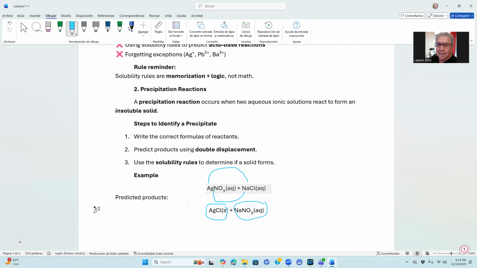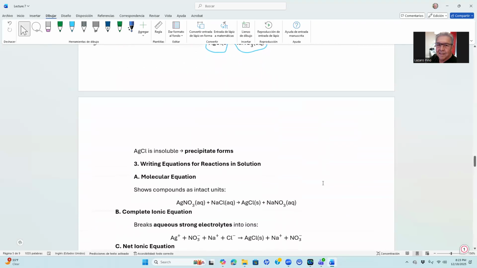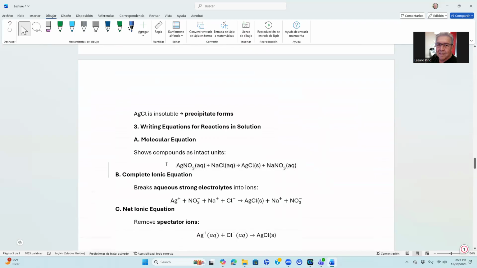So if there is a solid, you will have a net ionic equation. Then first you have to write the complete reaction, predicting the products, and writing, look, if the substance is solid, you put an S in parentheses. If it is soluble, then you write AQ. If it is a gas, you write a G, and so on.